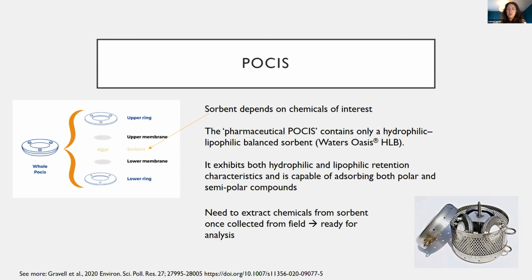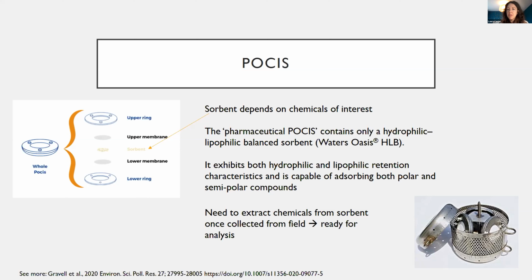And you sandwich your sorbent in between all of these rings, and it's placed most often in a metal basket, which is then left in situ in the field. So the idea is that large substances, so thinking about bacteria, macromolecules, particulates, are excluded from this device, but it can capture your trace contaminants.